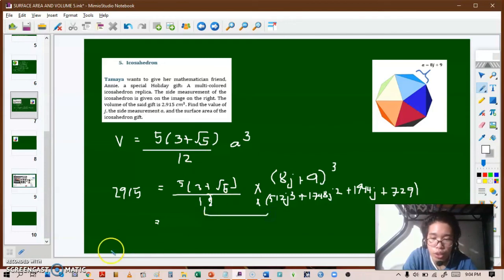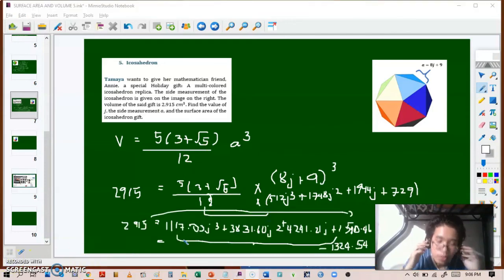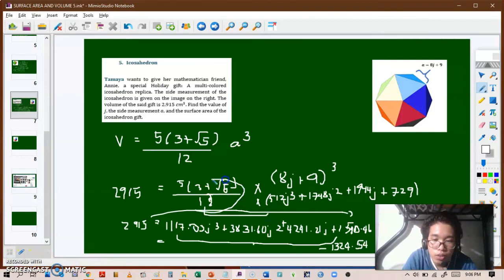If we multiply this constant to each of the terms, we get 1117.03 J cubed plus 3831.60 J squared plus 4241.21 J plus 1540.46.